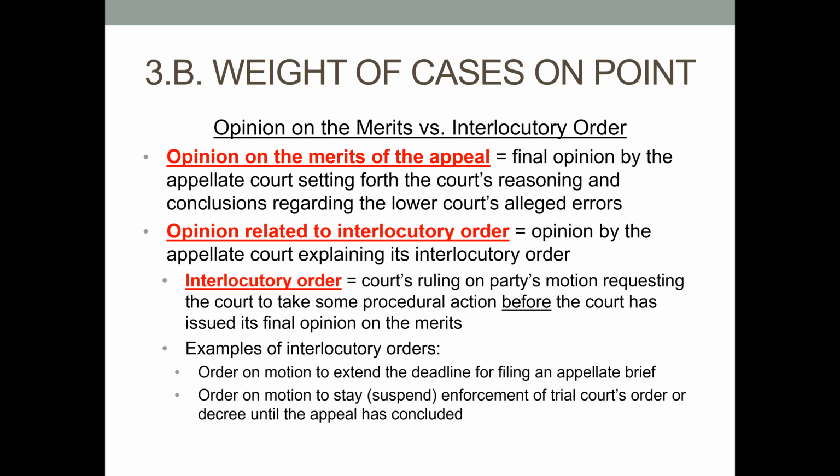So it's occurring in between these two bookends, and therefore is called an interlocutory order, and the opinion explaining the order is called an opinion related to an interlocutory order. So again, most of the opinions you'll be looking at that are appellate court opinions will be on the merits of the appeal, and they carry more weight than an opinion related to an interlocutory order.